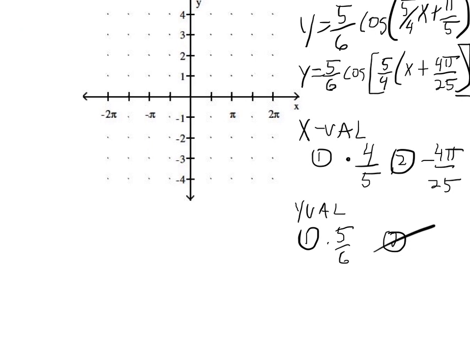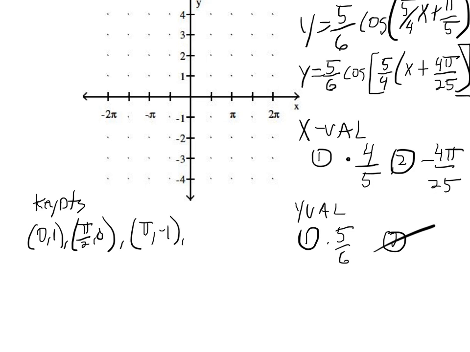So what are the key points for cosine? They are, starting at amplitude, 0, 1, pi halves, 0, pi, -1, 3 pi halves, 0, and 2 pi, 1. These are the key points.